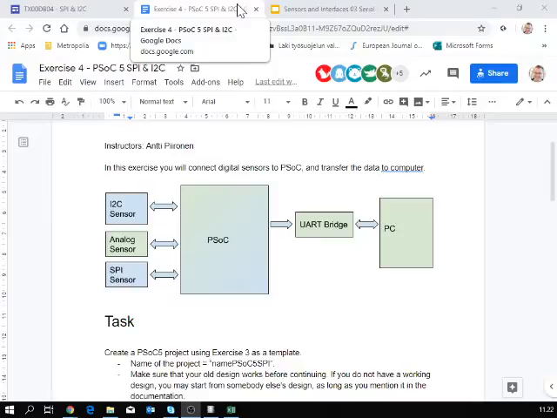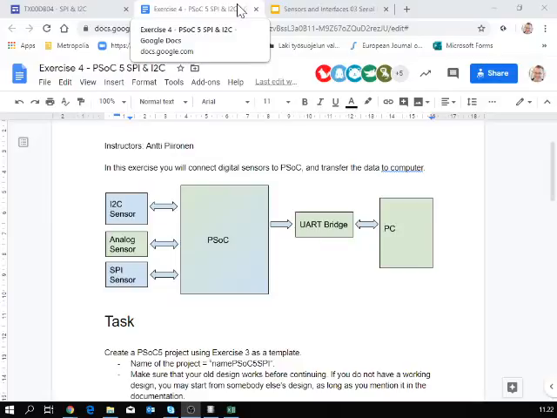Then, in addition to the 12-bit A to D converter, there is the MCP 1541, which is a voltage reference of 4.096, meaning 2 to the power of 12 millivolts.